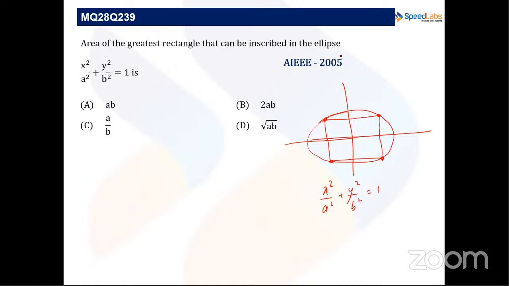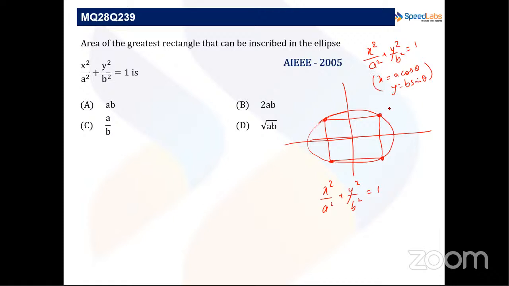So for the ellipse x square by a square plus y square by b square equals to 1, x equals to a cos theta and y equals to b sin theta are our parametric points.